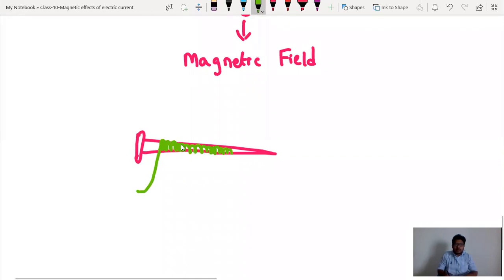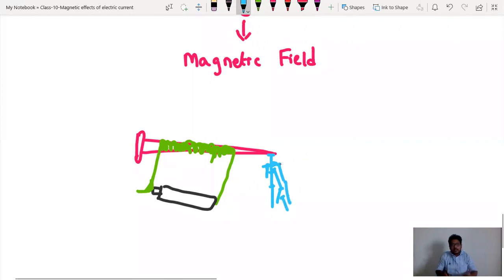Just wrap that nail with the copper wire, and take one cell. You can connect those two copper wires to the cell, and if you place a few iron filings or small ballpoint pins near it, automatically all the pins will be attached to this, isn't it?